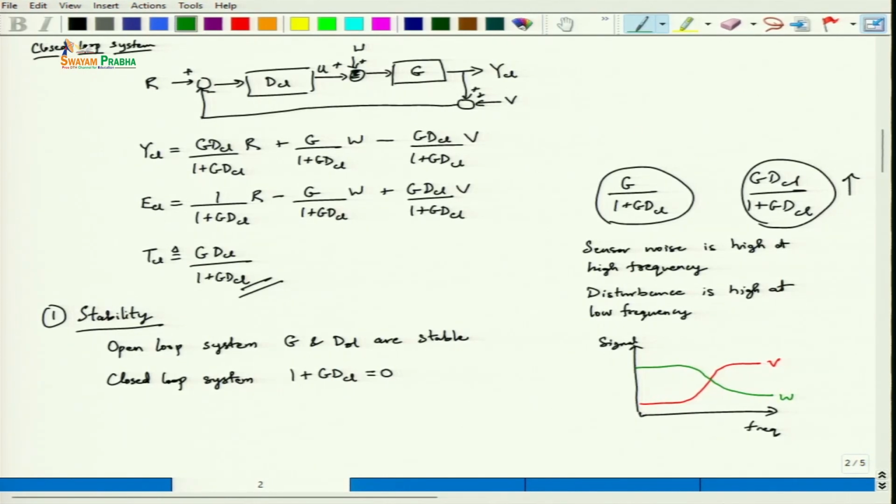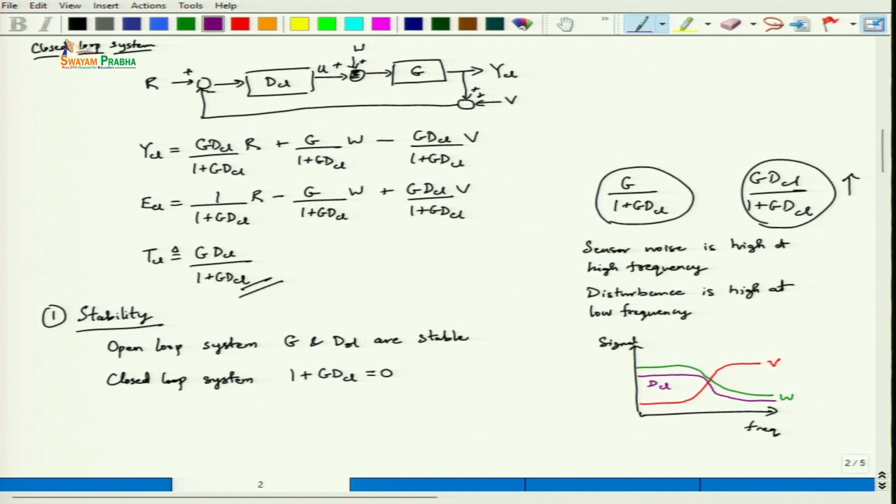So in that case, when we are designing a controller DCL, what we will do is we will select it to be something like this, where it is high at low frequency and then it goes down. So this is basically DCL.